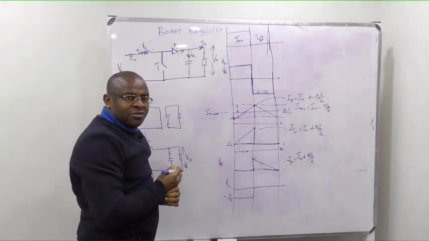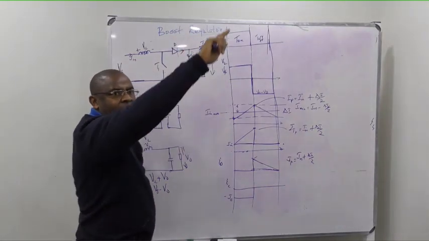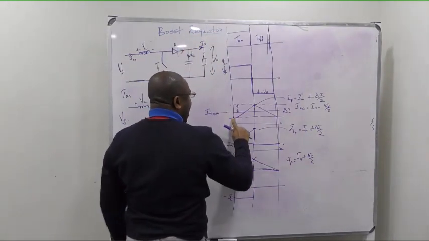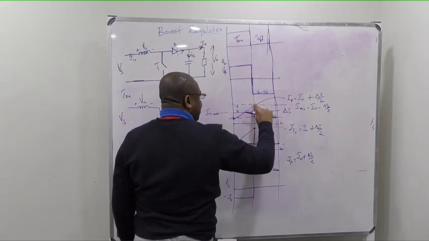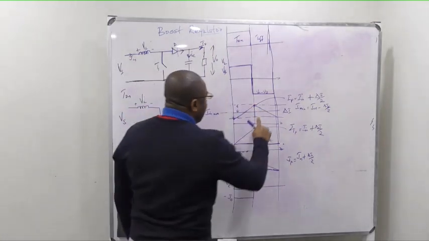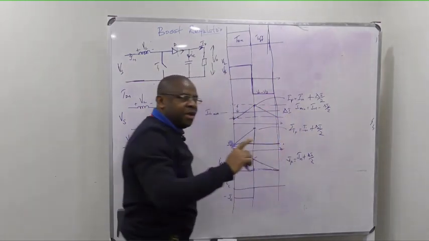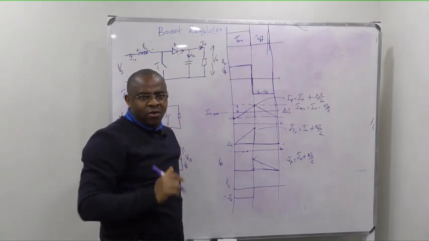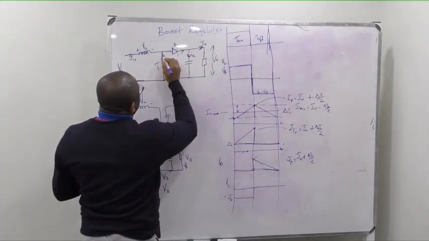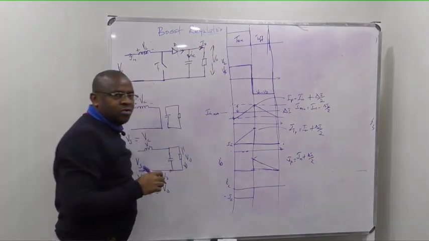All right? But we know that this current is going up, down, up, down. So I'm going to get this minus IO. And at this side, whatever I have here will be with minus IO, because as this is charging the capacitor, it will be discharging also to the load.